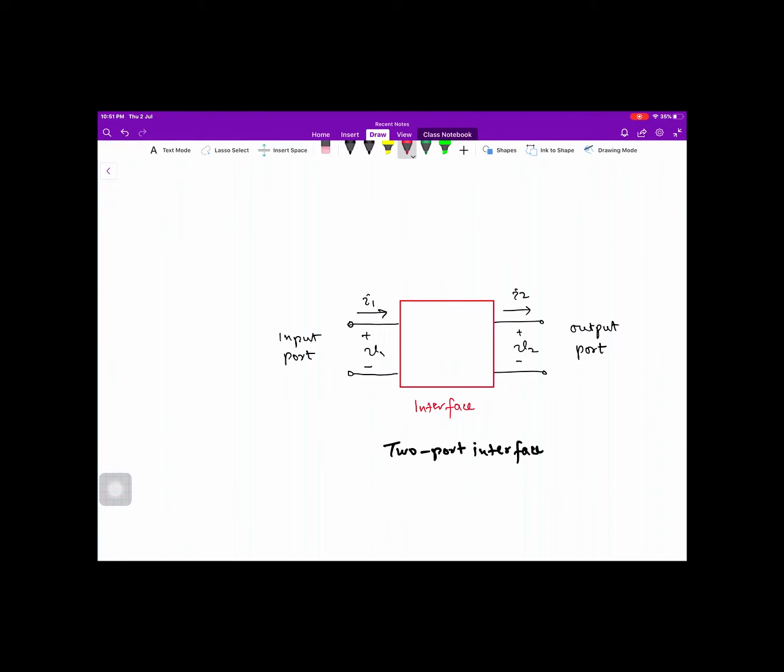Now, in this interface circuit, we have an input port consisting of a pair of terminals, and a pair of terminals at the output, which is called the output port. Due to the input port and output port, it is also known as a two-port interface.